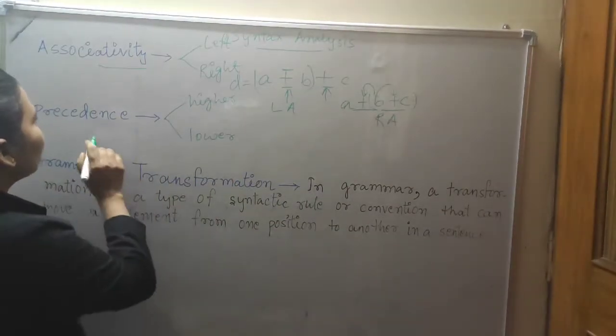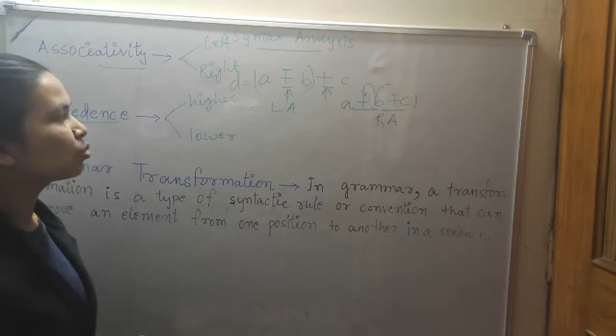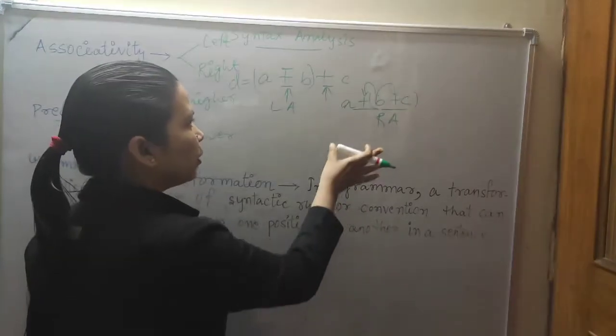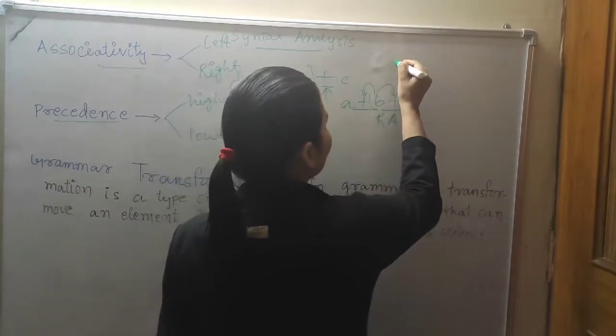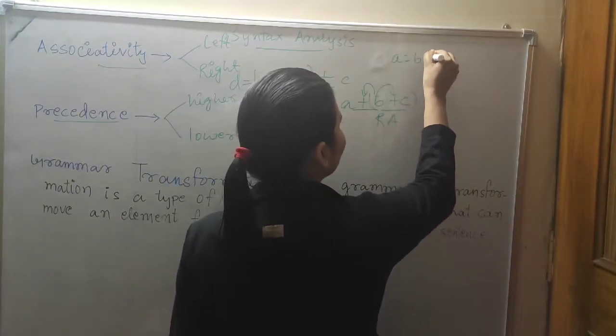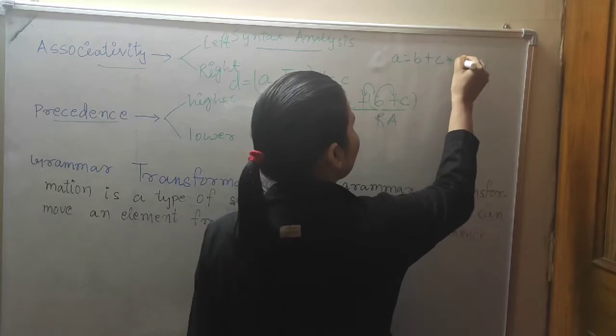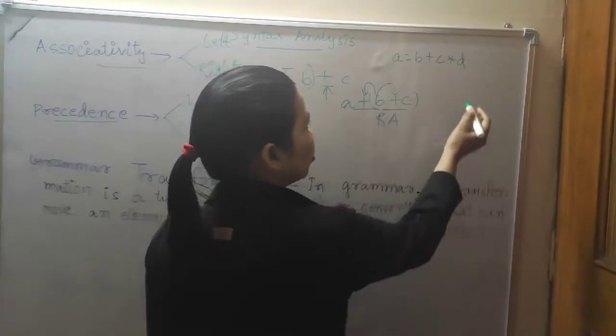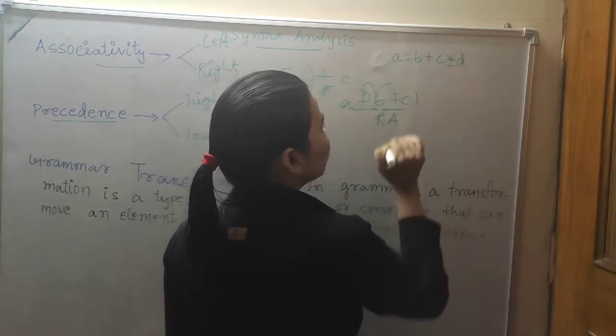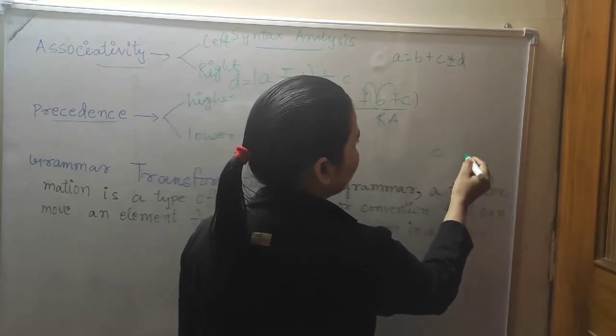But when we talk about precedence, we first generate the parse tree. Suppose A equal to B plus C into D is given. First we generate the parse tree, and whenever you generate the parse tree, you first solve the multiplication.